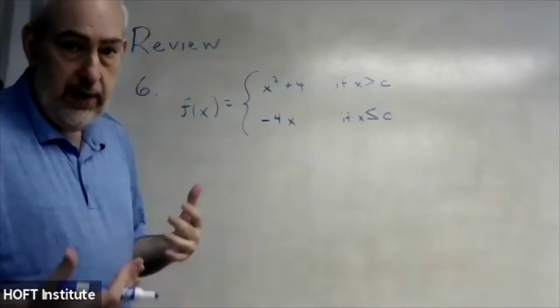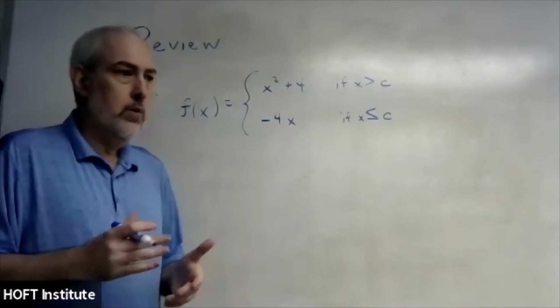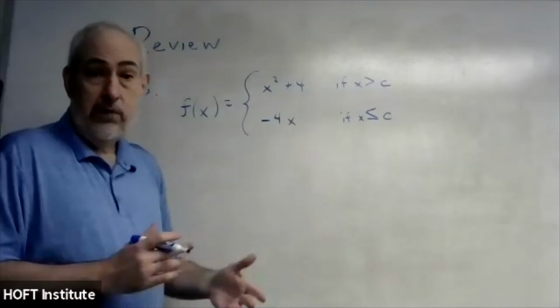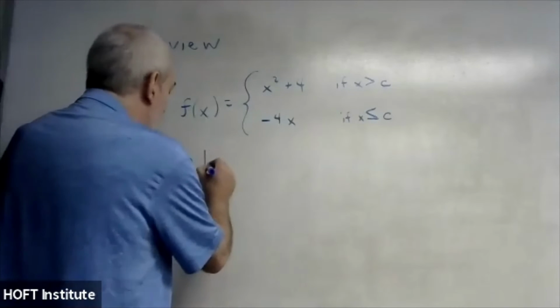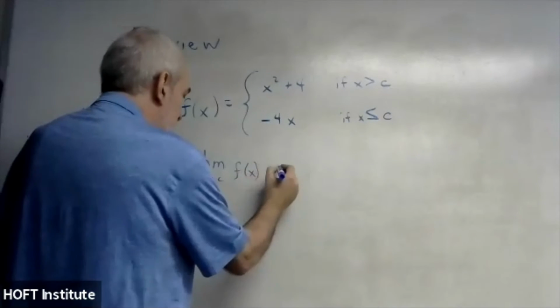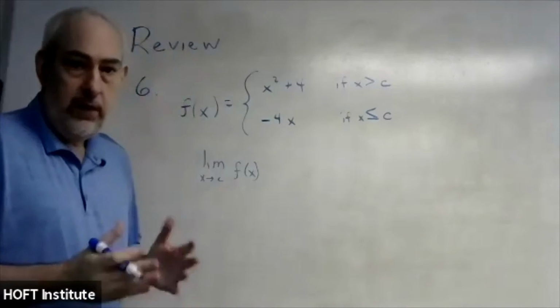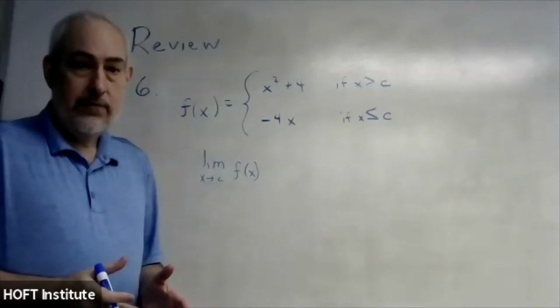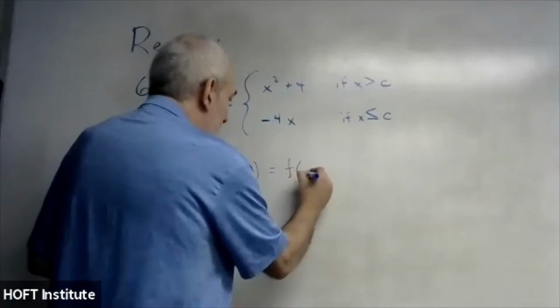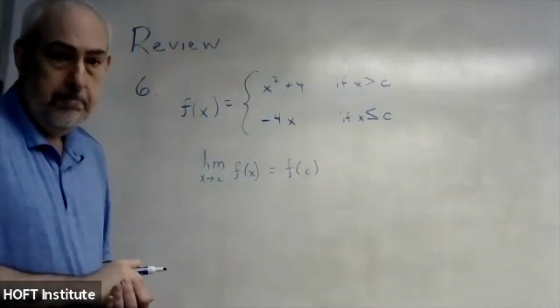Or the exact definition of continuity is that your limit as x approaches, well, in this case, c. So what we need is for the limit as x approaches c of f of x to exist, and we need for f of c to exist, and then we need for this limit to equal f of c.